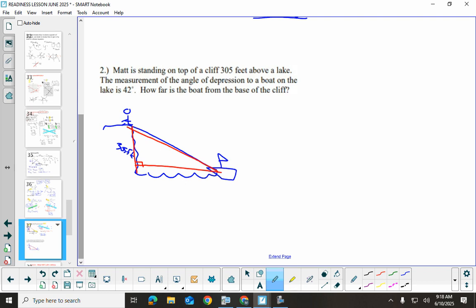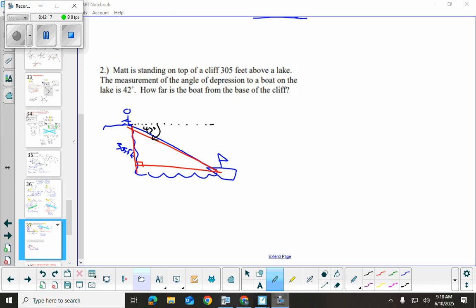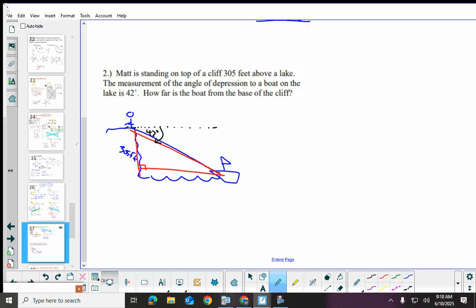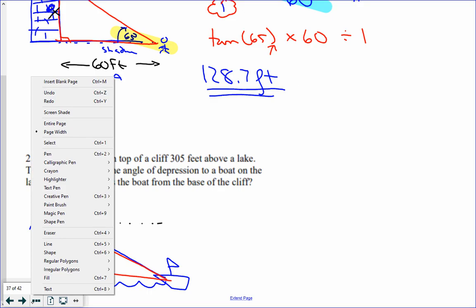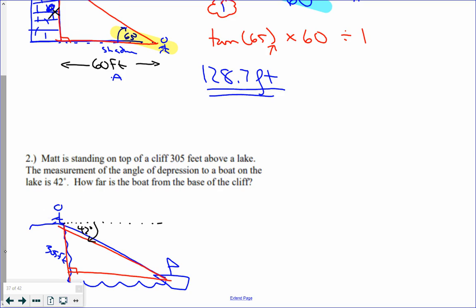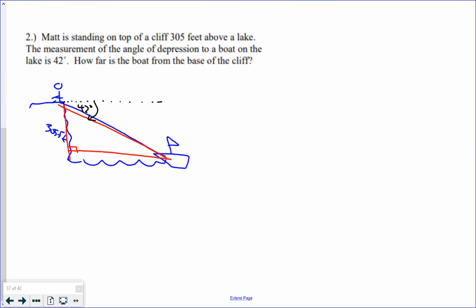The angle of depression. So from a horizontal line down, that is the angle of depression. So this right here, where am I at here? Okay, this right here, that is not 42 degrees. That is not the angle of depression.